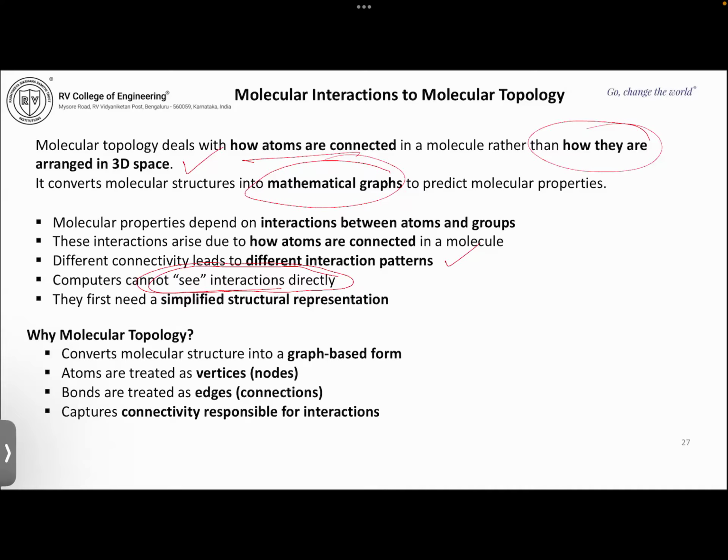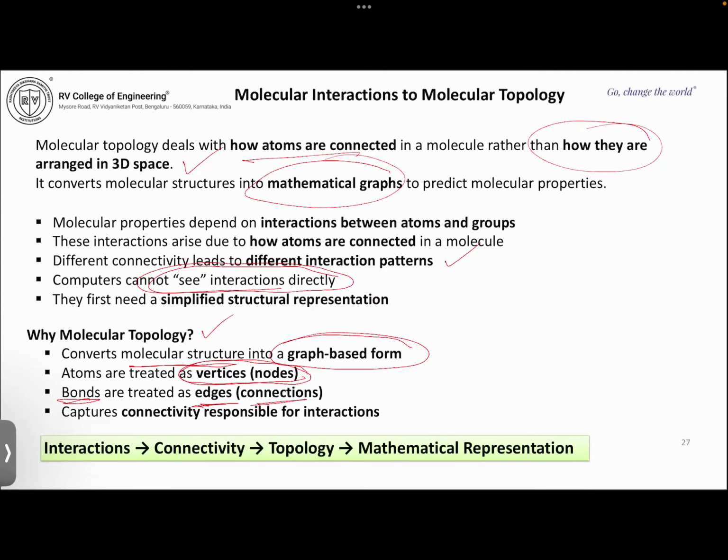Molecular topology converts a molecular structure into a graph-based form. Atoms are treated as vertices, vertices are nodes, and the bonds are treated as edges or connections. So it captures the connectivity responsible for interactions.